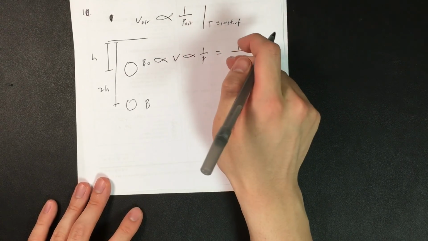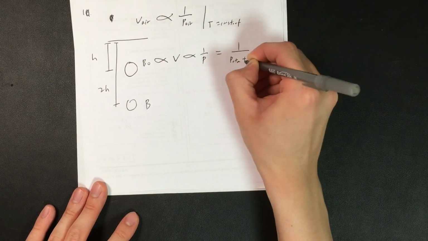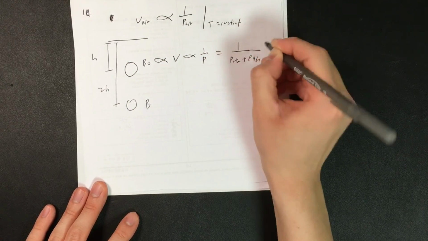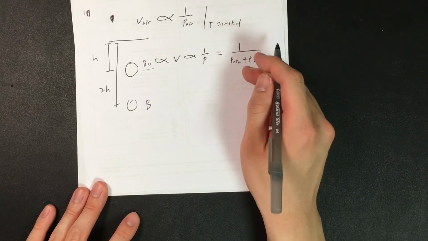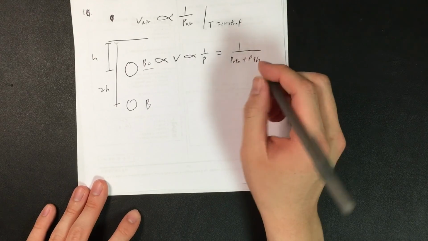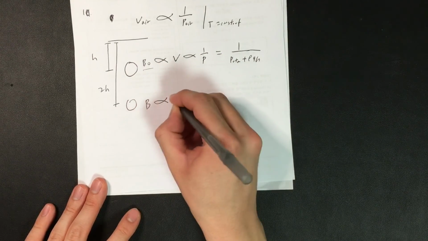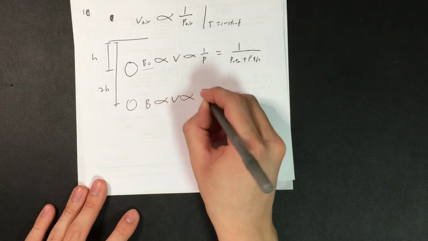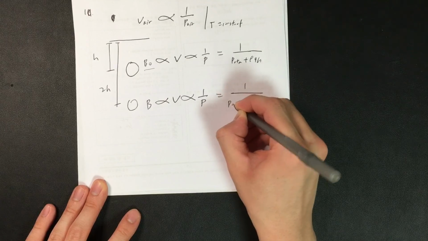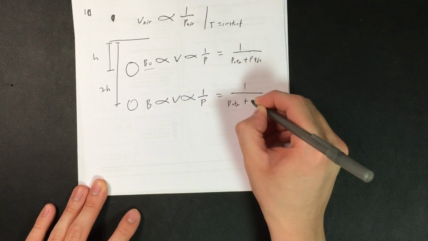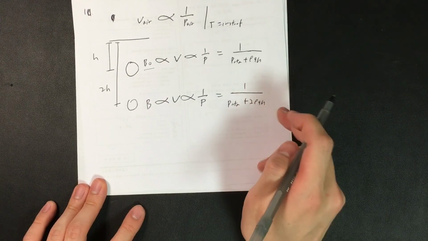And remember from fluid statics that pressure at height h in water equals the atmospheric pressure plus rho g h. And therefore, the buoyancy force is inversely proportional to P atm plus rho g h. Similarly, for the second balloon, the force of buoyancy is proportional to volume, which is inversely proportional to pressure, which equals 1 over the atmospheric pressure plus 2 rho g h, because in this case, height equals 2h.